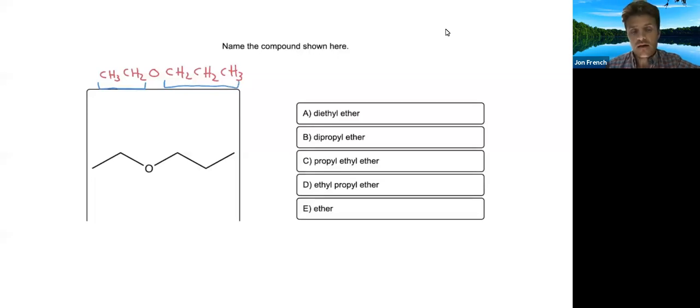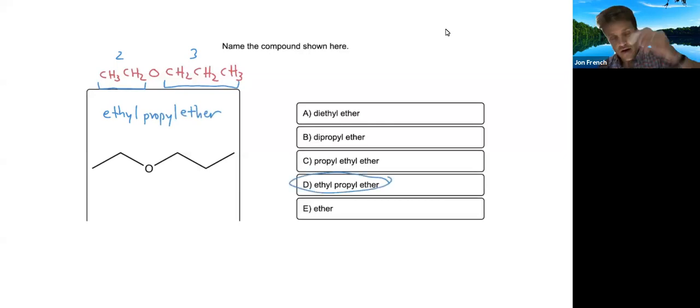So we would say I've got ethyl, because that's 2 carbons, right? 3 carbons is propyl. So I would have ethyl propyl ether. I've got an ethyl group, oxygen connected to a propyl group, right? And then the oxygen between 2 carbons, single bond on both sides, is an ether.